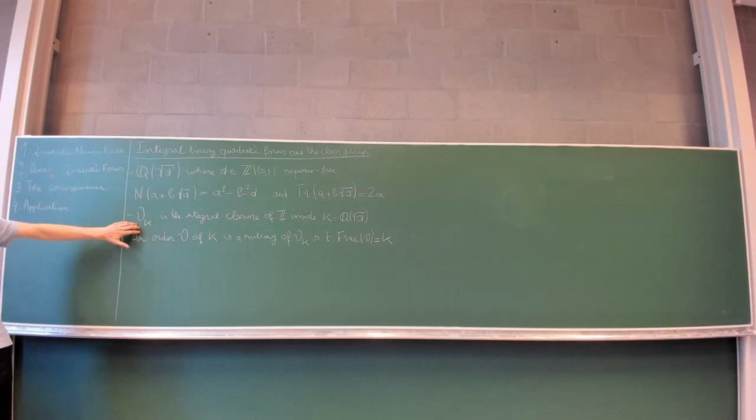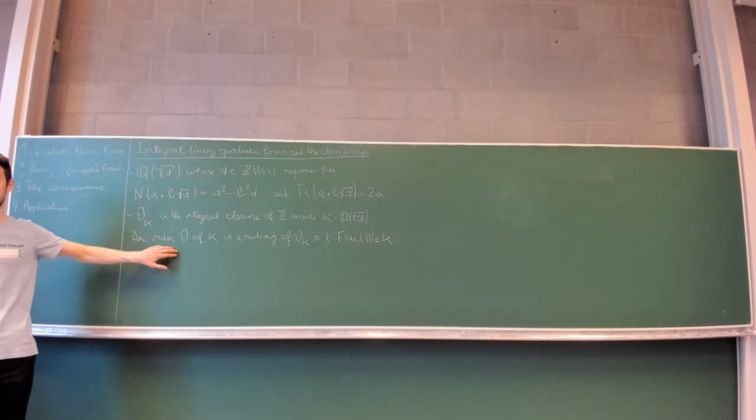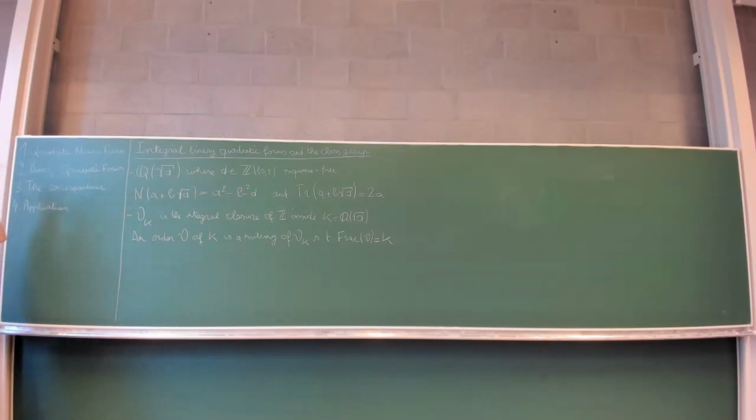Most of you will have seen the class group of a general Dedekind domain. So we will define a class group of an order and then show a correspondence with binary quadratic forms.